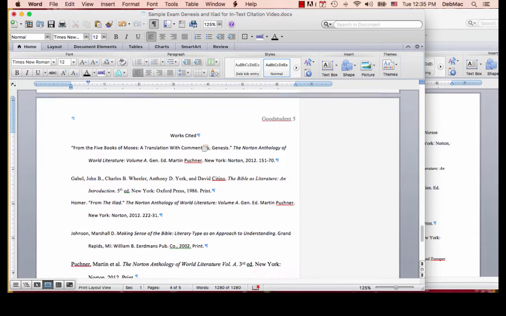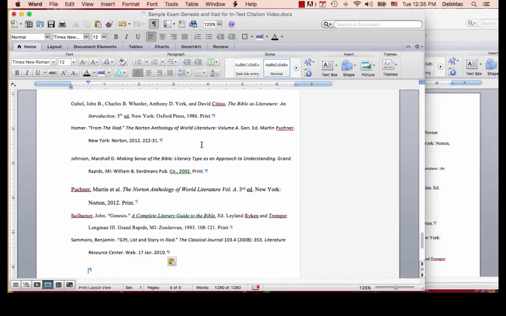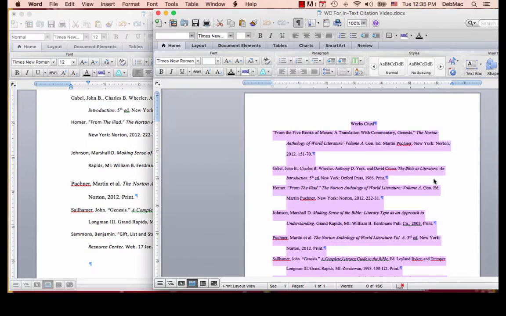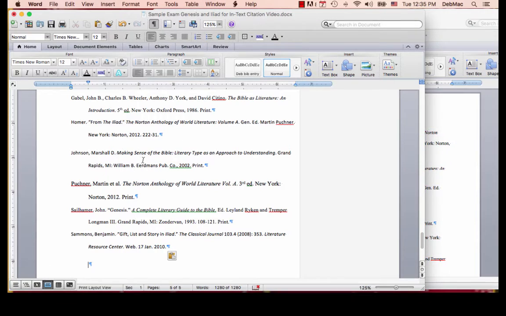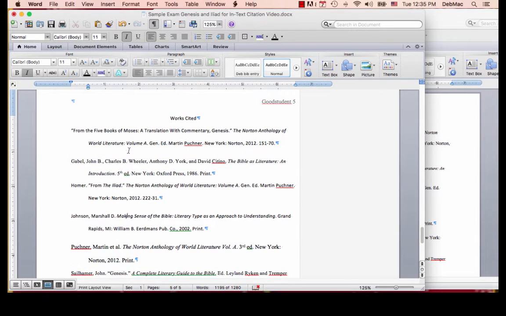Now, one of the things that she would do, because if you look at this, you can see that for some reason, even though this is all in Times New Roman 12, which is what MLA style is, for some reason, Microsoft Word changed some of these to, I think that's, Calibri. And you don't want that.